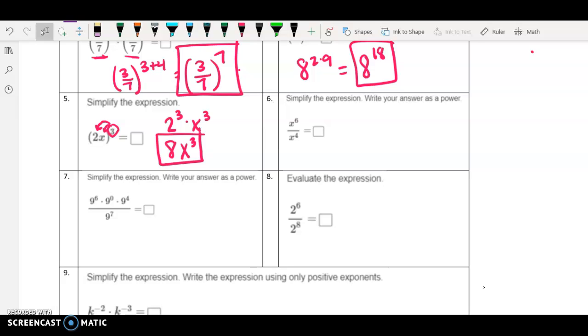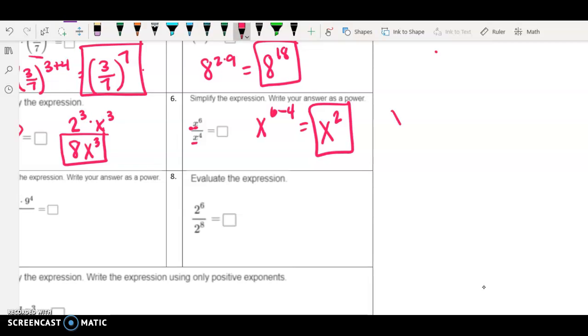All right, simplify the expression and write your answer as a power. So when we are dividing the same bases, so we have a base of x, we can subtract our exponents. So we actually have x and then 6 minus 4, and that gives us x squared.